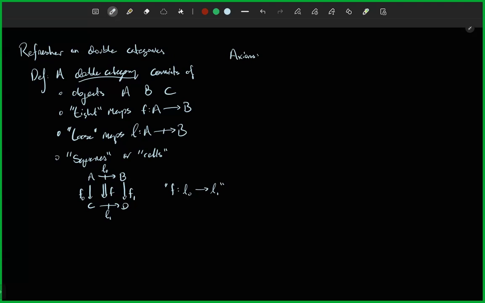One, it's a category vertically with these squares.